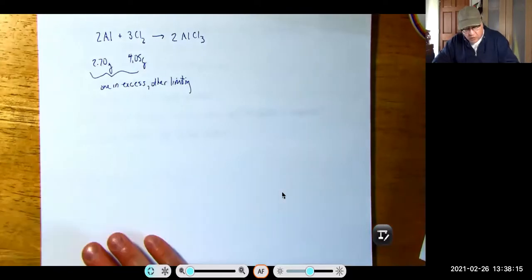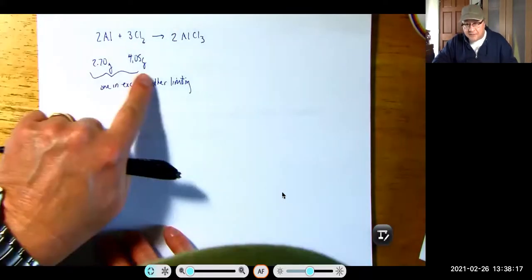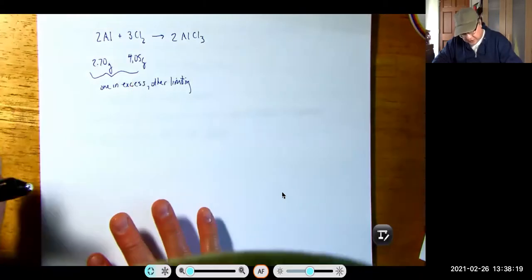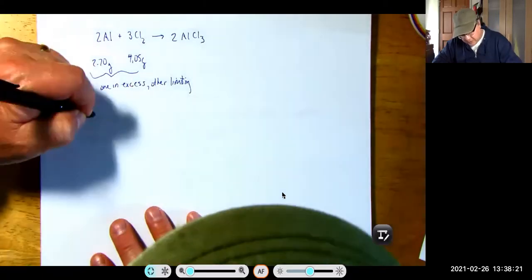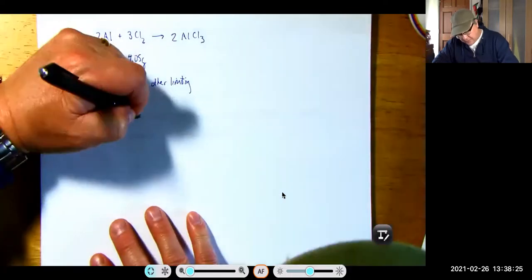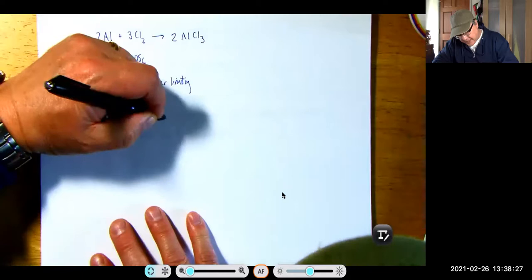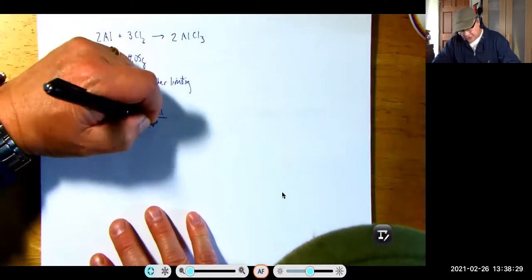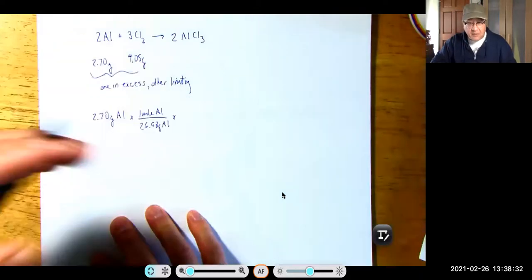So I'm going to start with one of these. It doesn't matter which one. I'm going to start with 2.70 grams of aluminum. I'm going to multiply by 1 mole of aluminum per 26.98 grams of aluminum. So this starts off the same way as the other problem.